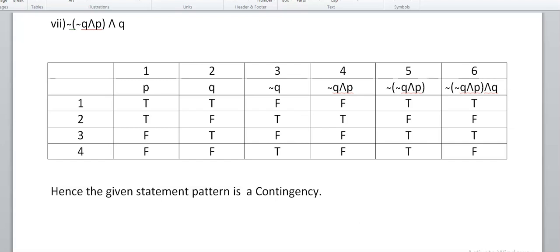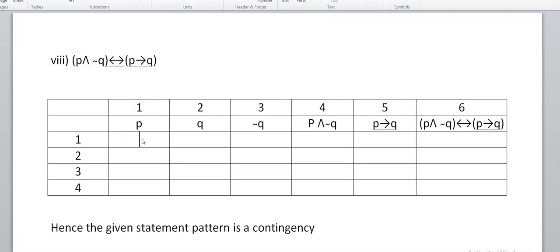Now we'll see the next example. Now at the problem, P is TTFF, Q is TFTF.